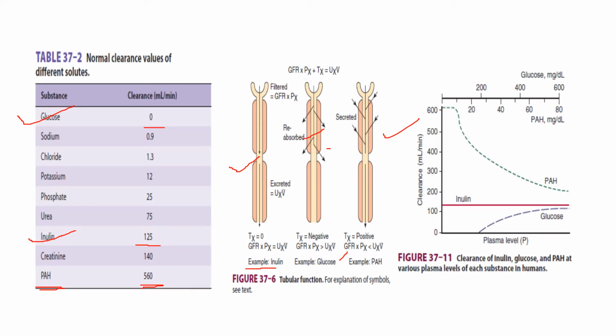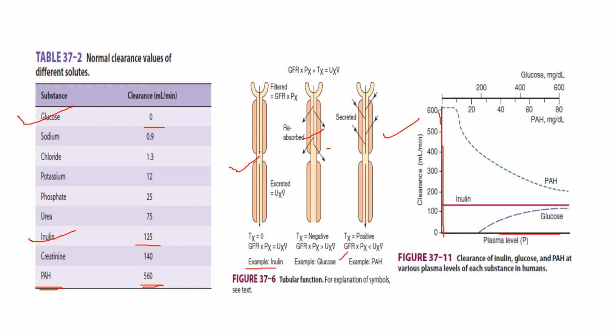Another important dynamic of para-aminohippuric acid transport is that when its plasma concentration is very low, we find the clearance of para-aminohippuric acid is very high.